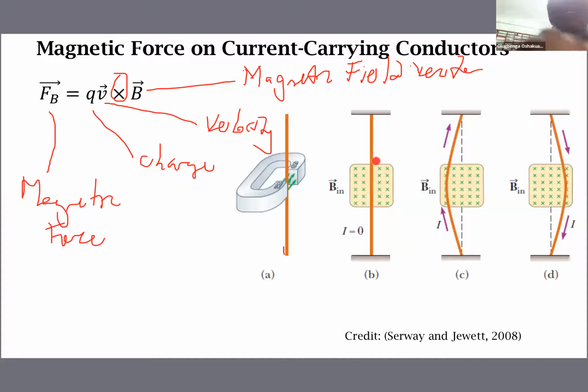But this is another scenario where current begins to flow through the conductor. In this figure C, since current begins to flow through the conductor, the conductor will have a magnetic field surrounding it, just like we have said in the right hand rule. So as current is flowing through this conductor, we would expect the magnetic field to circle around it, just like we've had before.